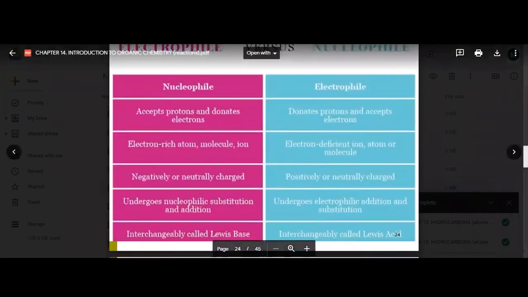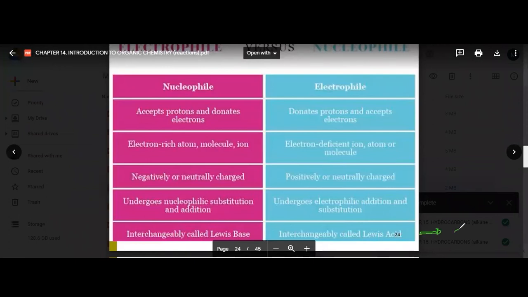So this is the summary: nucleophile versus electrophile. Please read this. Electrophiles and nucleophiles are also called Lewis acids and Lewis bases.